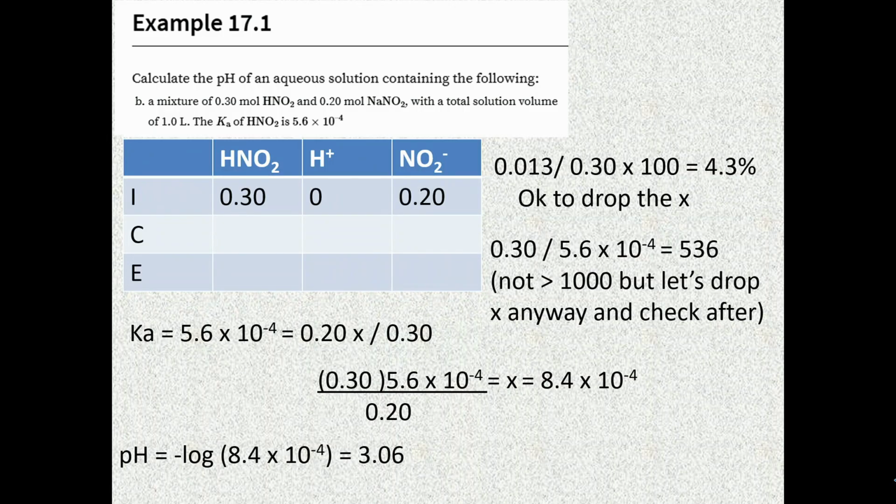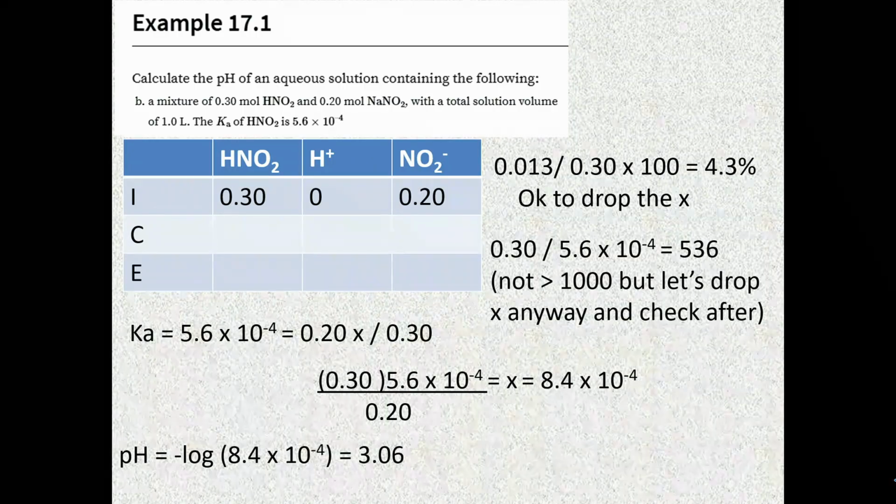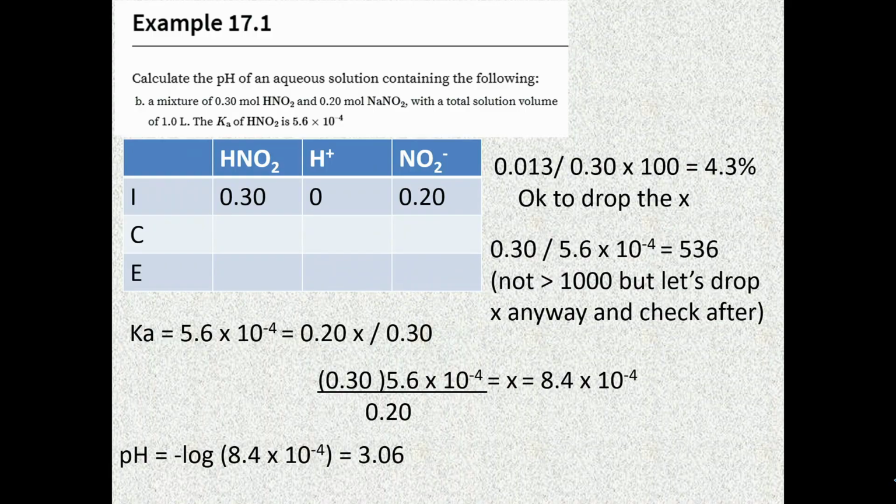This is the common ion effect. Adding a common ion, adding the anion of the acid as a salt gives me extra product. And that extra product, Le Chatelier says, shifts back to the reactants and lowers the dissociation I have. The acid is weaker and my pH goes higher.